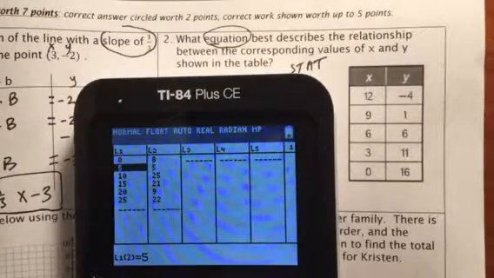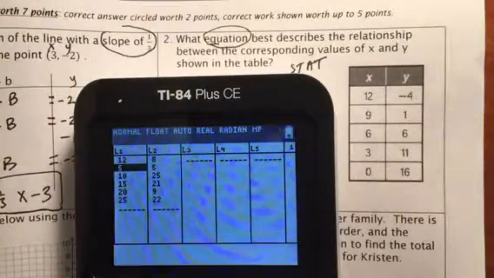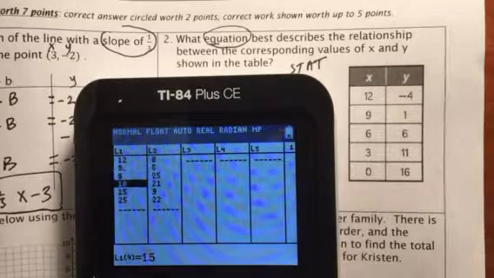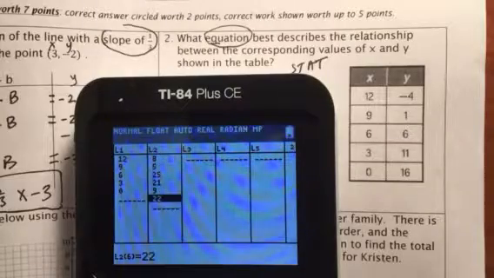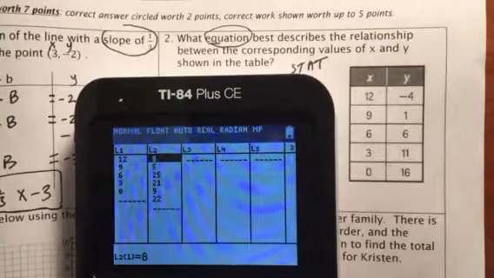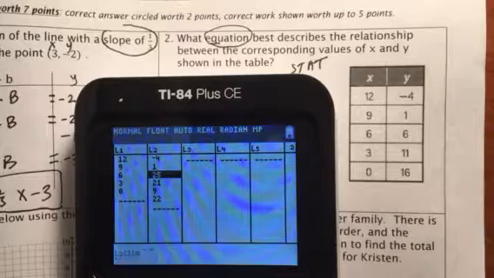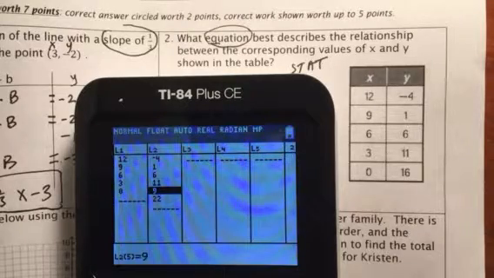So I'm just going to type over the numbers that are already there, and I'm going to delete the one that I don't need. So -4, 1, 3, 11, and 6.